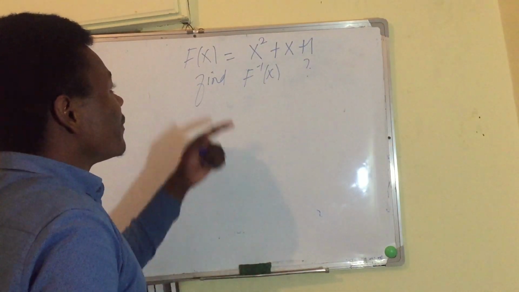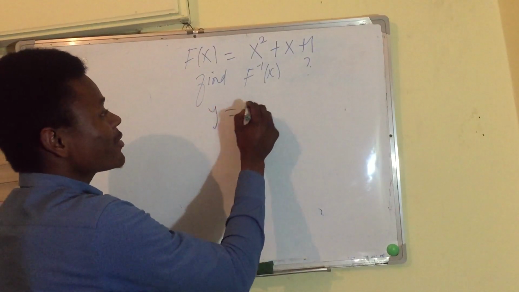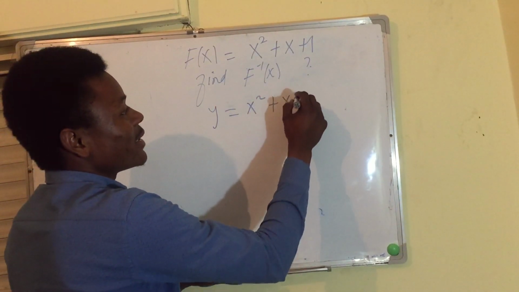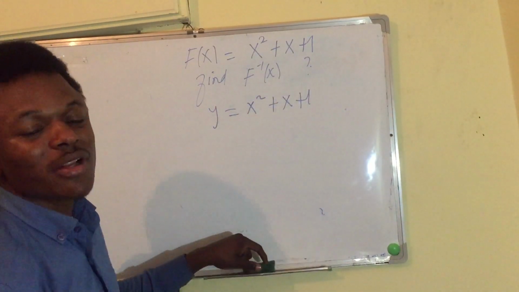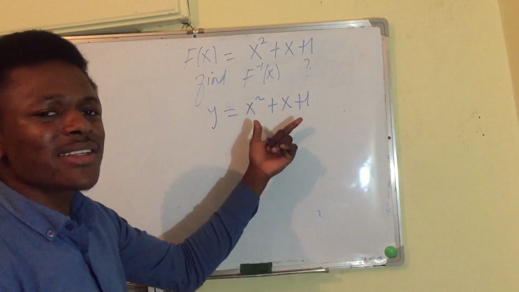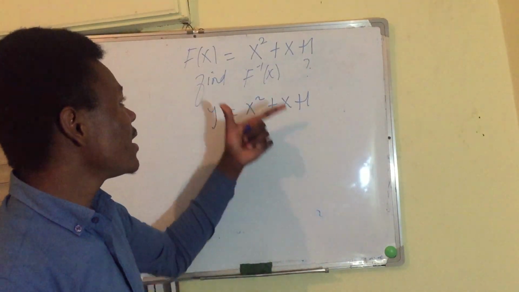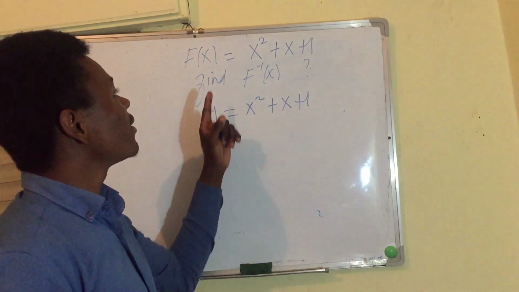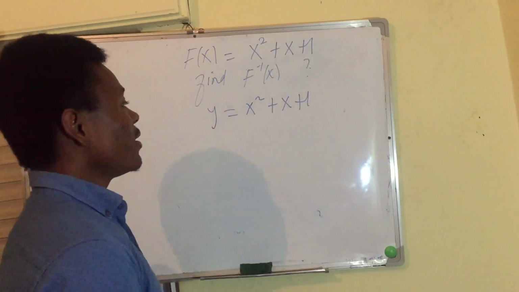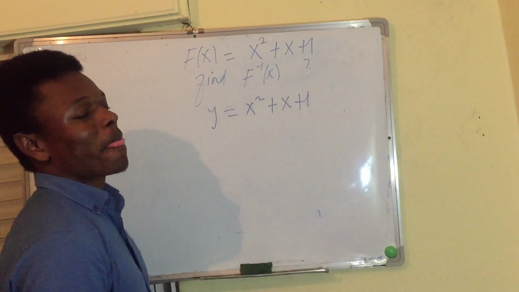Ya za mu yi? Mu cire f of x a zama y. Y equals to x squared plus x plus 1. Yanzu ya za mu solve wannan. Then solve for x. Steps din shine ka cire f of x zama y. Okay. Then solve for x. Yanzu ya za mu solve for x wannan.